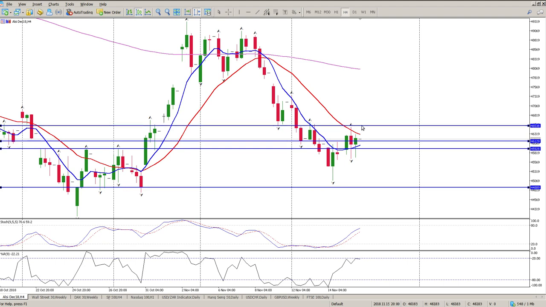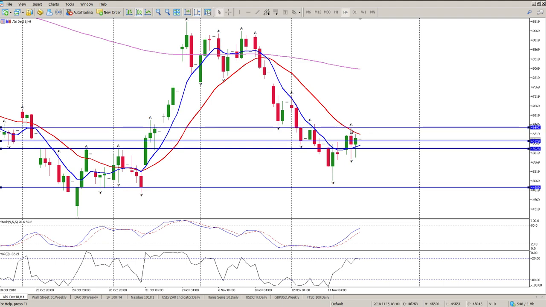And the key thing here is a break, so hitting the targets or breaking this fractal of 46,492 will more than likely set up an upward trade for you.